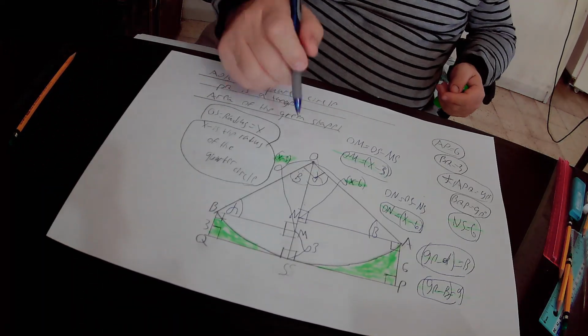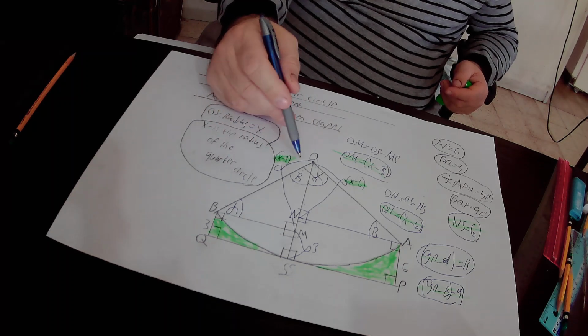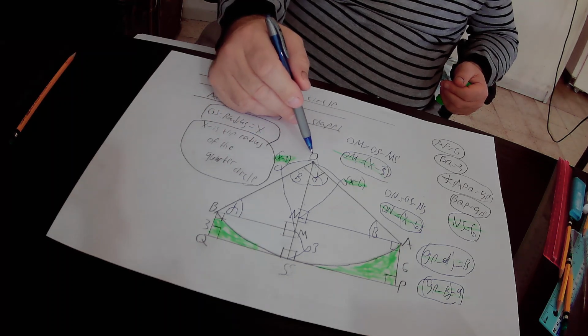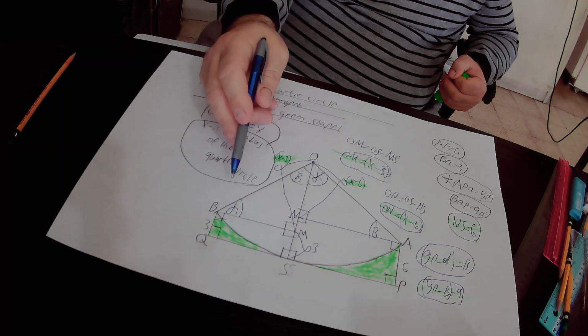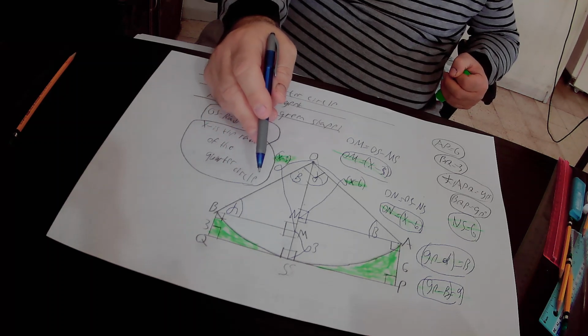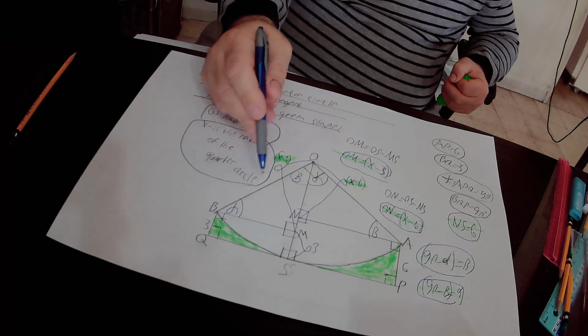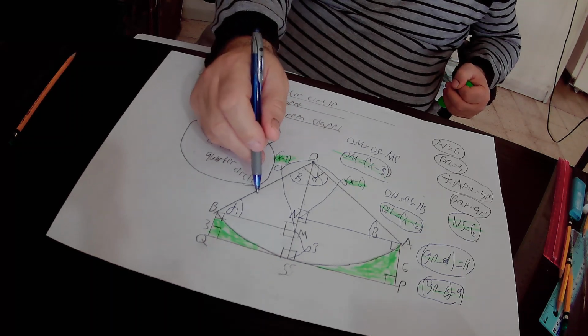What is the definition of line segment OB? Line segment OB starts from point O, that is the center of the quarter circle, and ends at point B, that is a point on the quarter circle itself. This is exactly the definition of a radius. Therefore, OB is the radius of this quarter circle, equal to x.